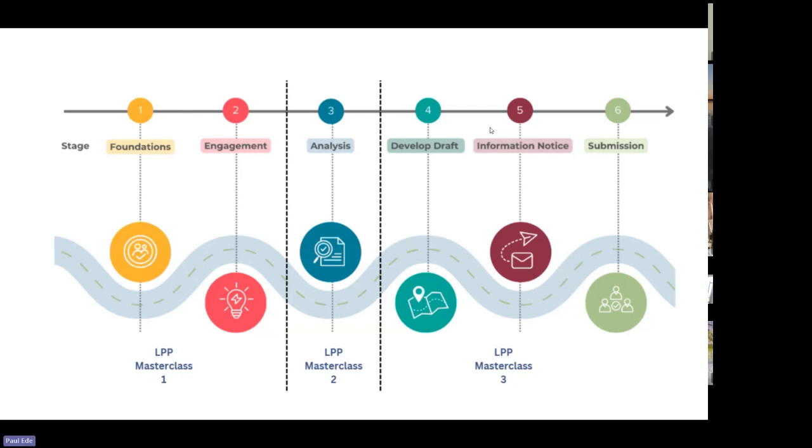Step 1 is foundation, step 2 is engagement, step 3 is analysis, step 4 is developing your draft, step 5 is the information notice period, the one bit of statutory consultation you have to do, and step 6 is submitting.